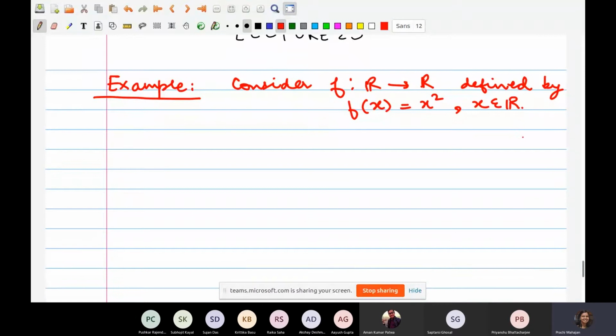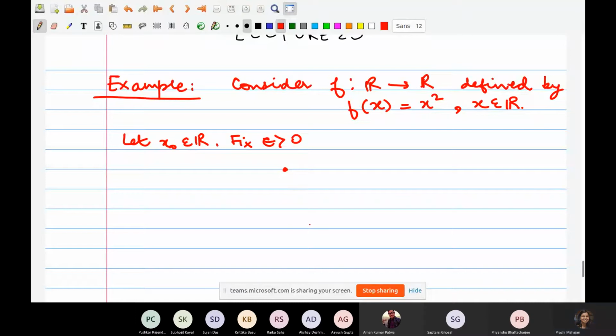Okay. So you can use the epsilon delta definition of continuity to show that f is indeed continuous everywhere on the real line. So in particular, no matter what positive epsilon you give me, you fix a point x naught in the real line and fix an epsilon positive.